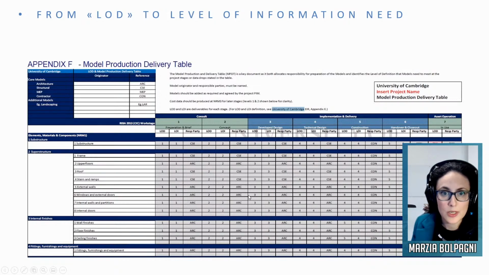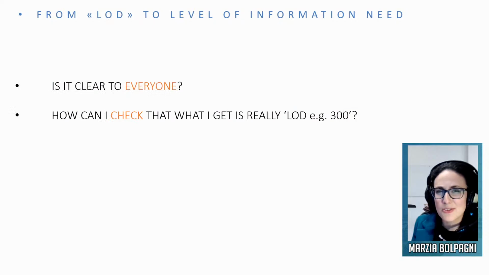What we ask ourselves is, is this really clear for everyone? When I've been asked to create a model at LOD 350, are we really sure that all of us will understand how to create that, both on the geometrical side and also the alphanumerical?